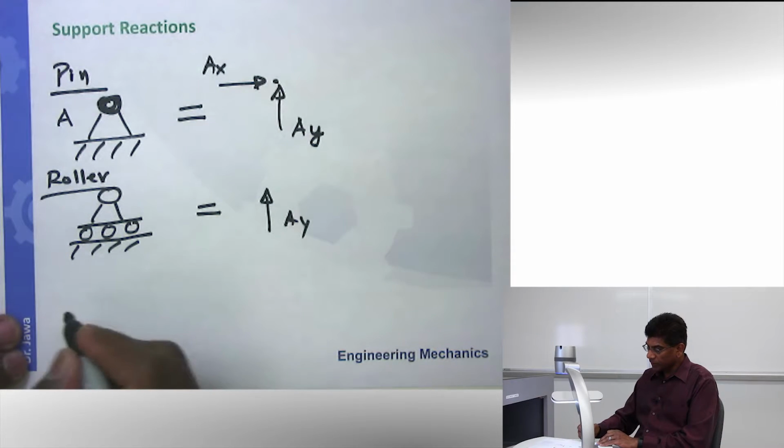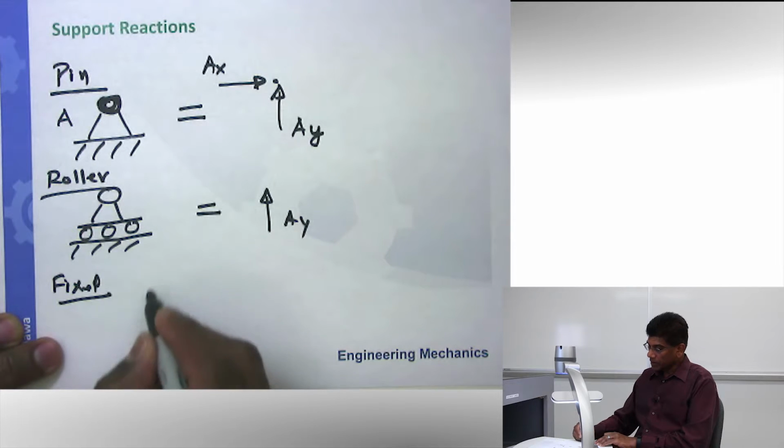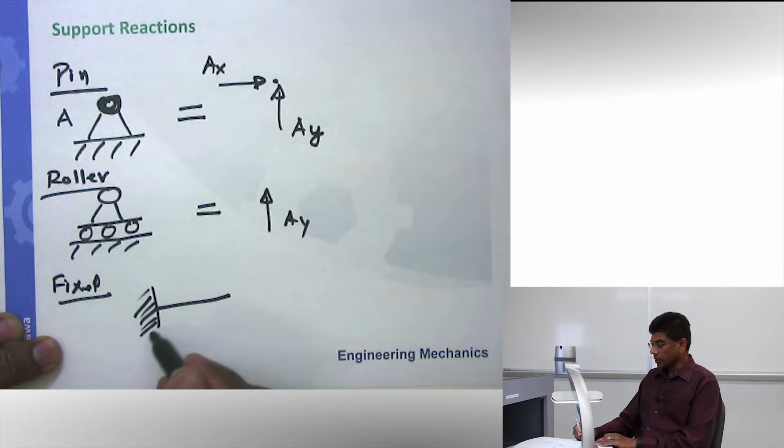And how do I represent the fixed support? Well, a fixed support is represented by a diagram like this, where a beam is stuck into a concrete wall, for example. And this obviously eliminates all motions.